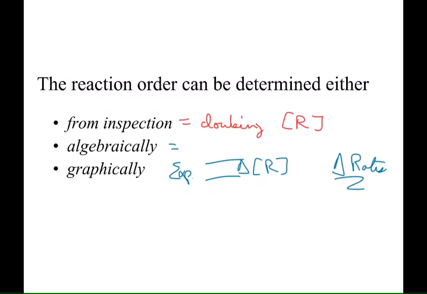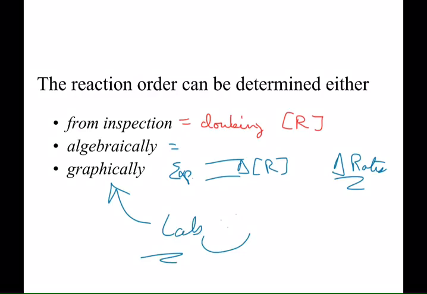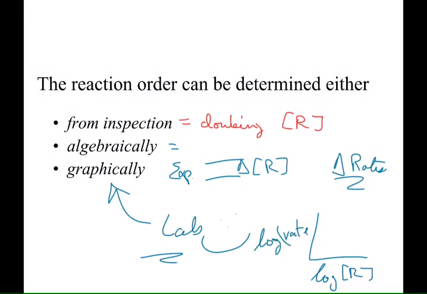So this last approach, this is what you guys did in lab, graphically. You ran different concentrations of a reactant, and you take the log of the rate, and it should give you a positive slope. The slope, M, is equal to your reaction order.